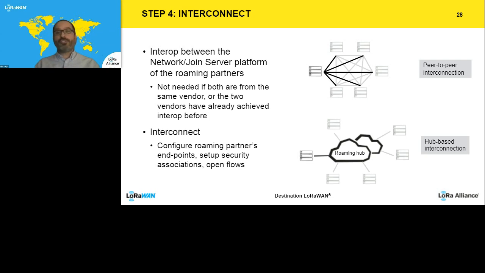So both options are available for our ecosystem. And a given network could choose one, the other, or they can even mix the two depending on who their roaming partners are.